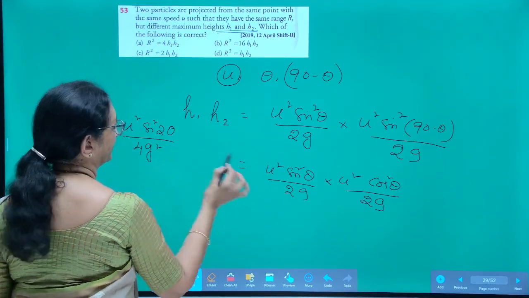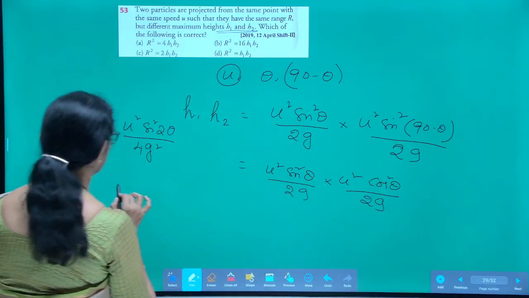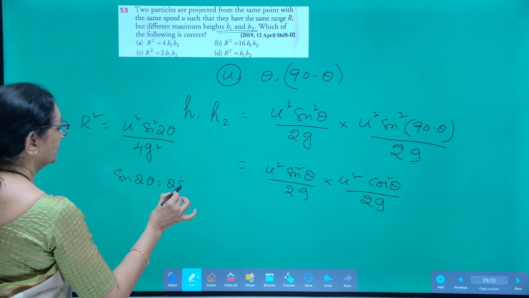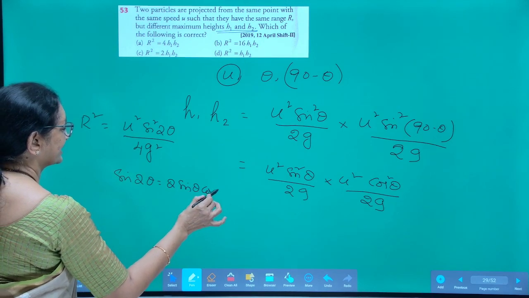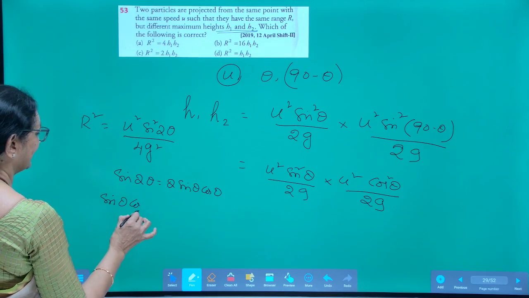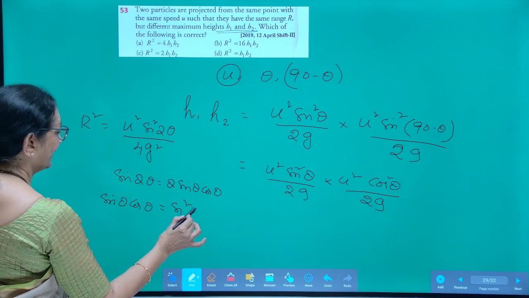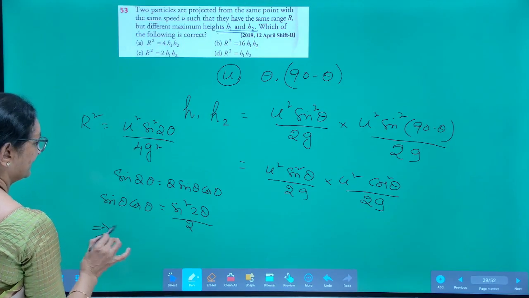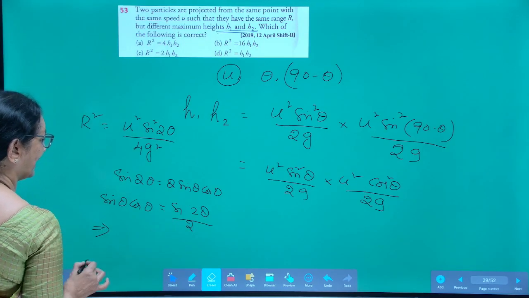Let us substitute. Sin 2 theta is equal to 2 sin theta cos theta, or sin theta cos theta is equal to sin 2 theta by 2.